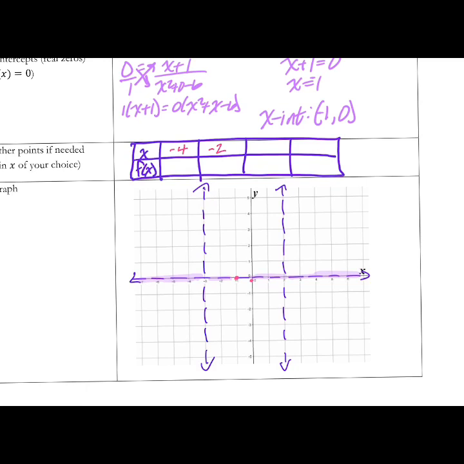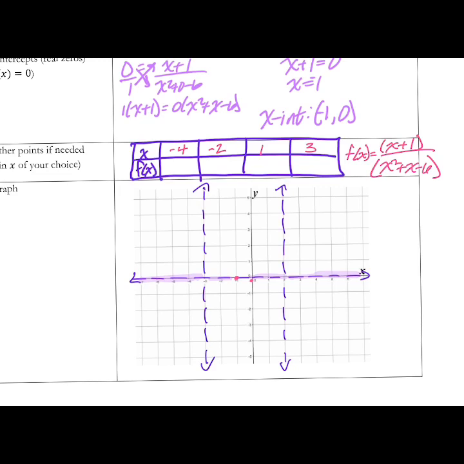I'm going to choose negative 2, and we just choose 1, and I'm going to choose 3. And I'm going to plug it into the calculator. Well, what is my equation again? Well, it's f of x equals x plus 1 all over x squared plus x minus 6. And when I'm putting it into the calculator or into Desmos, make sure that I'm putting parentheses around my information so that the right things are together.